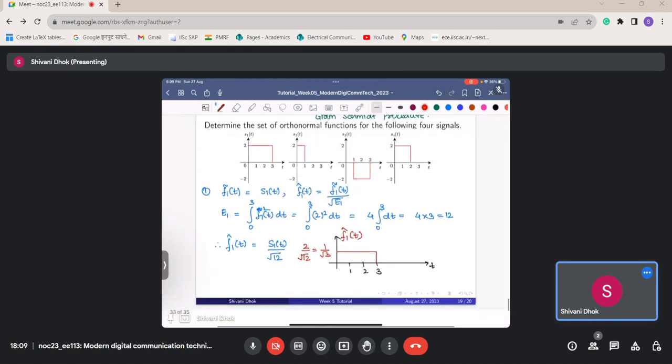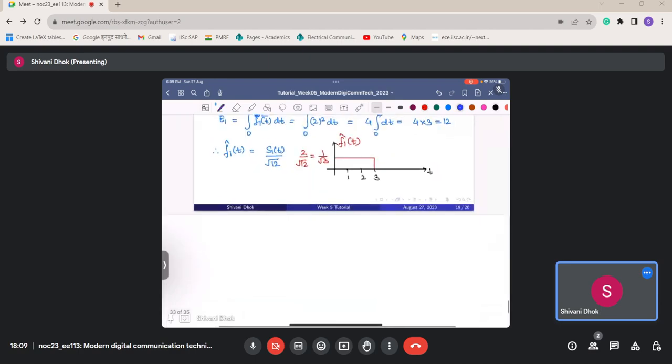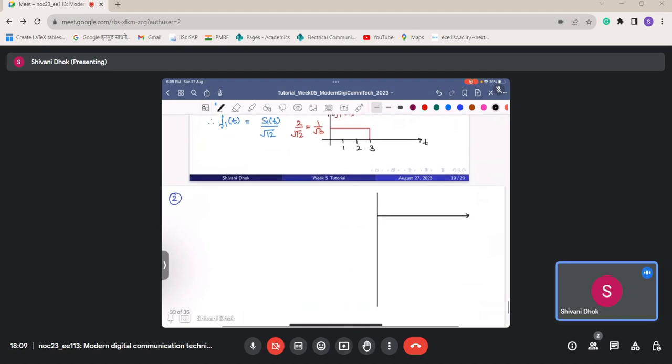Okay, now let us consider the second vector. So let me draw that second vector here. So this is 1, 2, 3, this is the time axis. Let's say this is s2t, and this s2t is taking a value of 2 from 0 to 1.